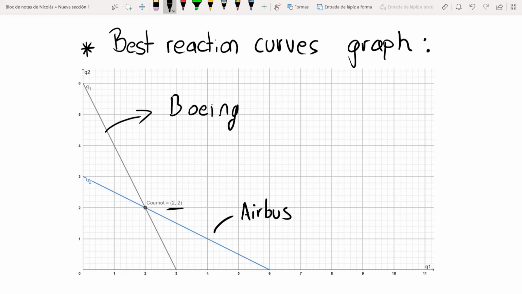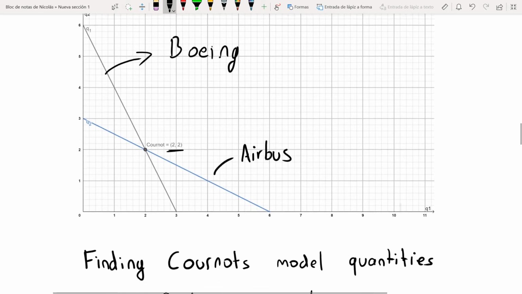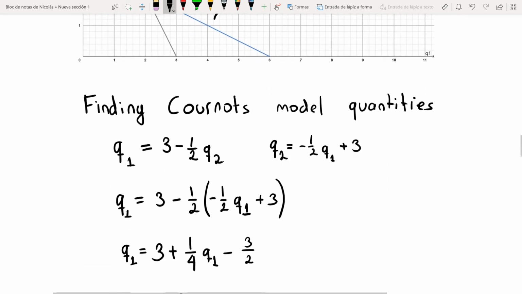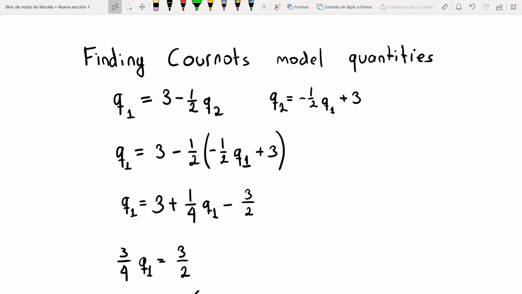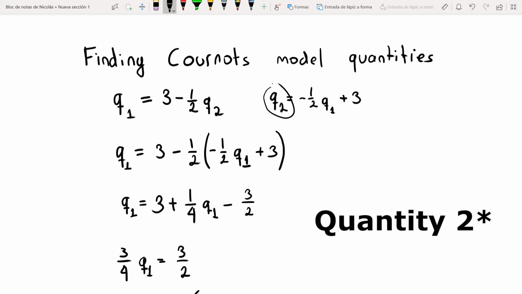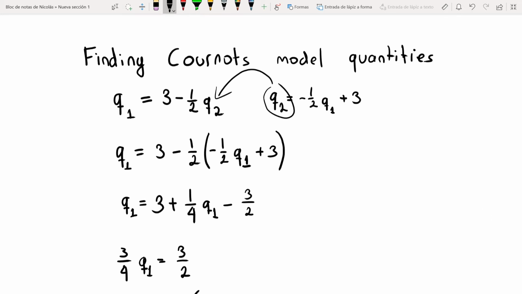but we can obviously find it algebraically by solving the equations, because we have that quantity 1 is equal to 3 minus 1/2 quantity 2, and quantity 2 is equal to minus 1/2 quantity 1 plus 3. In this case we could take quantity 1 and replace it in the best reaction curve for Boeing, or firm 1, and so we end up having this equation.